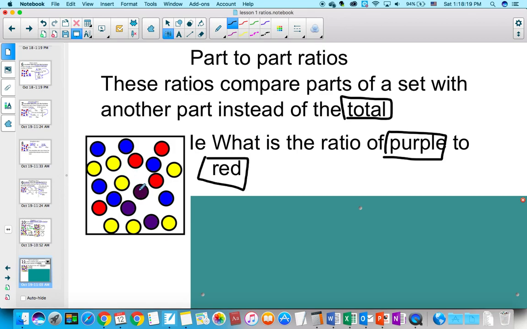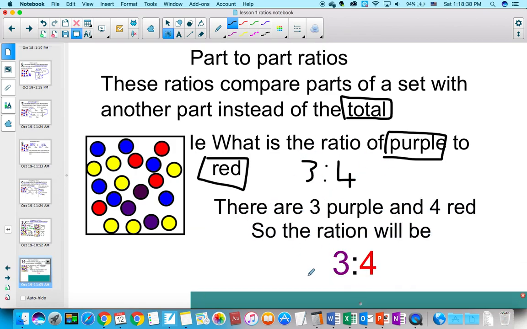So we have purple. Yeah, 1, 2, 3. We have 3 purple, right? And we have how many reds? 1, 2, 3, 4 reds, right? So purple to red, and we have a ratio of 3 to 4, right? 3 is the number of purple, and the 4 is the number of red.